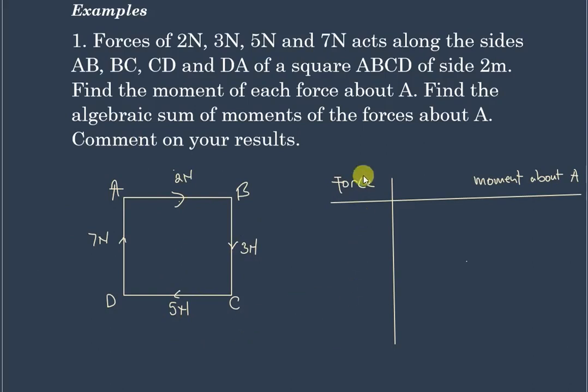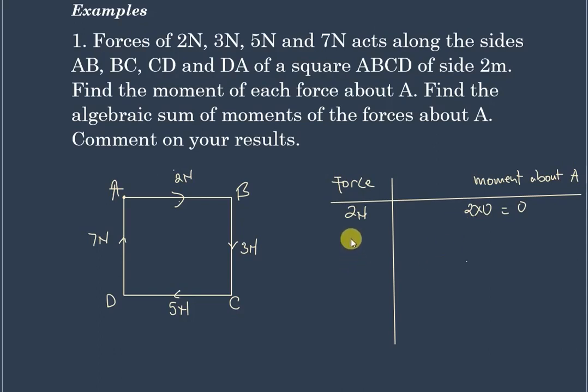Now we have the force and then the moment about A. I shall start with the force of 2 Newtons. That force passes through point A, so it has no moment there. 2 times 0 is equal to 0.